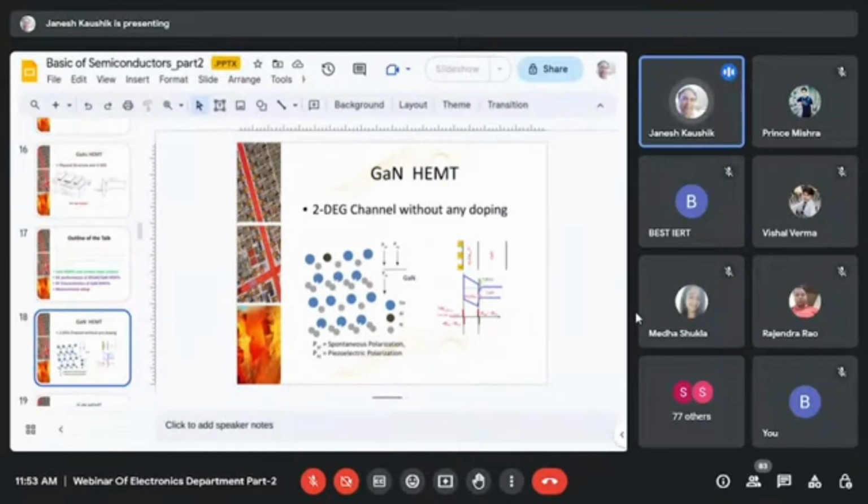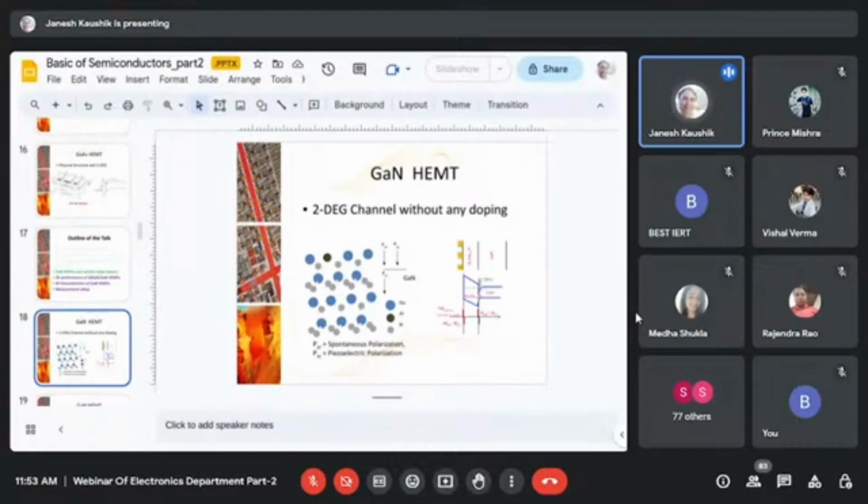That's why it will give rise to piezoelectric polarization in addition to the spontaneous polarization that is present there due to their hexagonal close-packed lattice structure and the bond ionicity present in the gallium nitride layer.